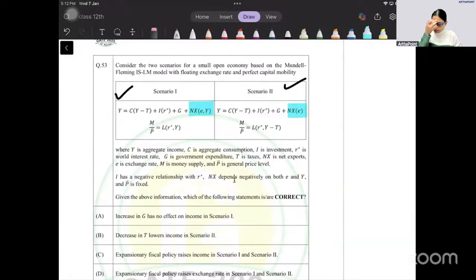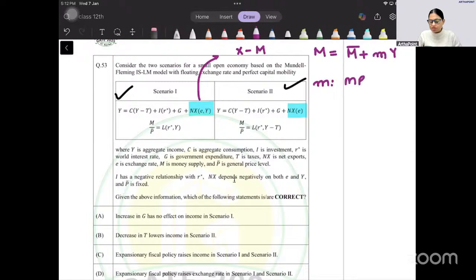Now, if I help you recall this, net export is export minus import. Import, usually I write it as a function of income, m bar plus small m y, where m is the marginal propensity to import.